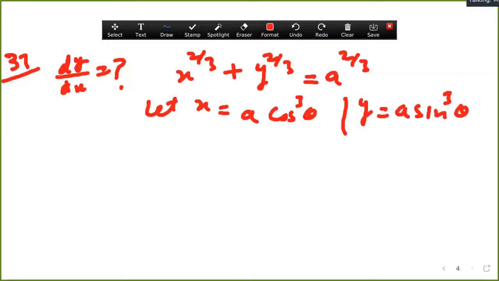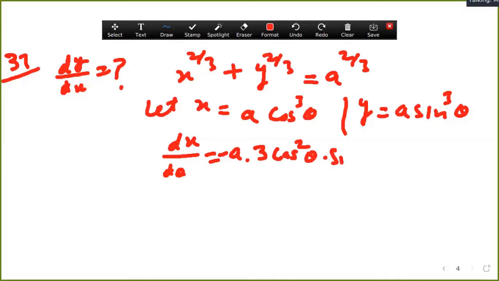If you take the derivative dx upon d theta, you will get a as it is, the derivative of cos cube theta is 3 cos square theta into derivative of cos theta, which is minus sine theta. This is the derivative dx upon d theta.